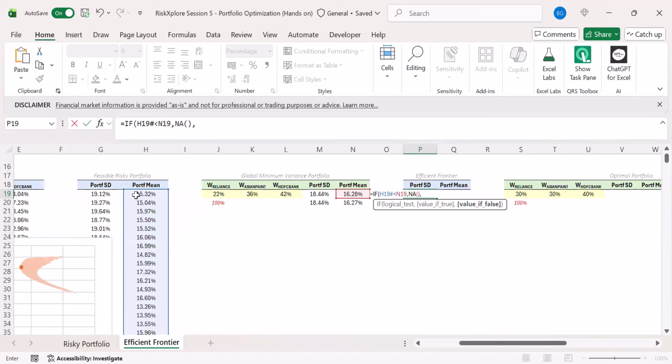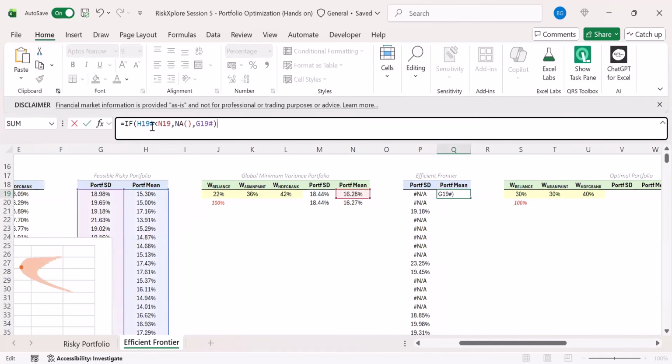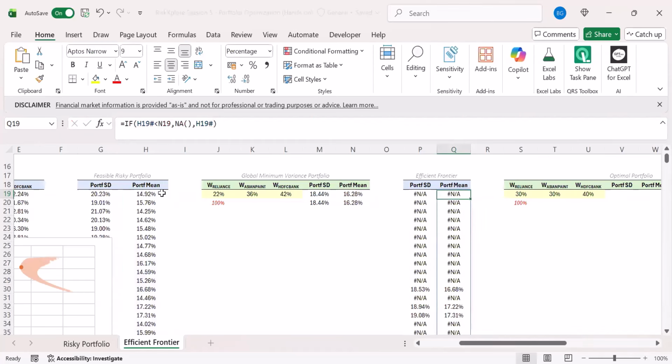Otherwise, we want the SD back. Now let's copy the same formula and apply it here, and instead of SD, now we want the mean back. Press enter. Now we have the mean back. This is the efficient frontier that we are talking about.